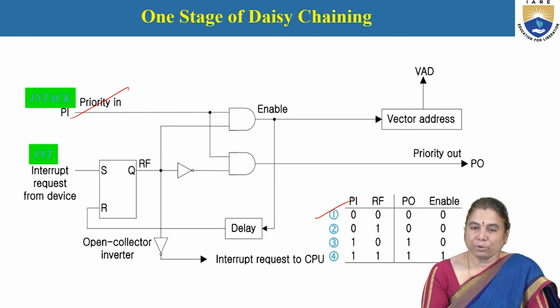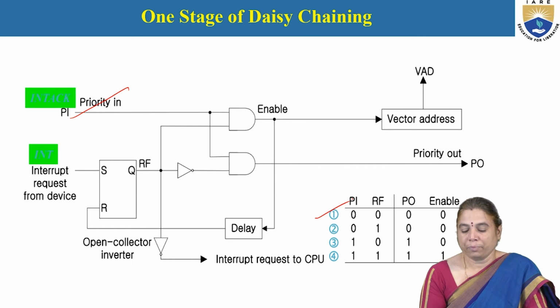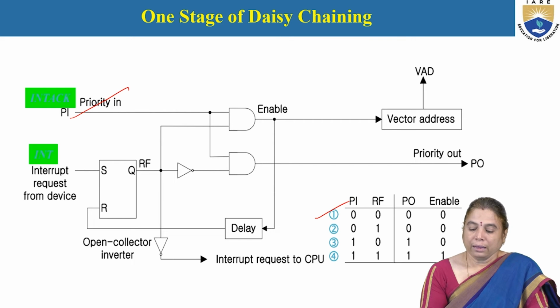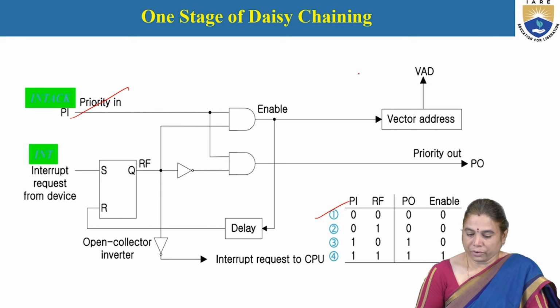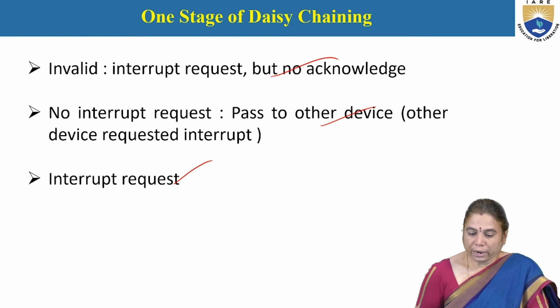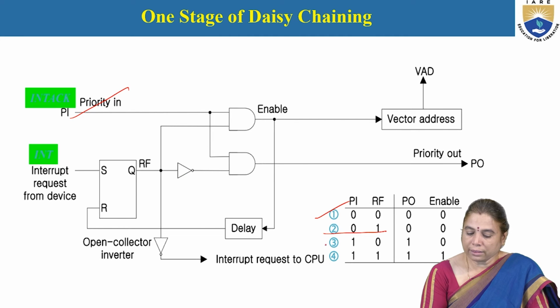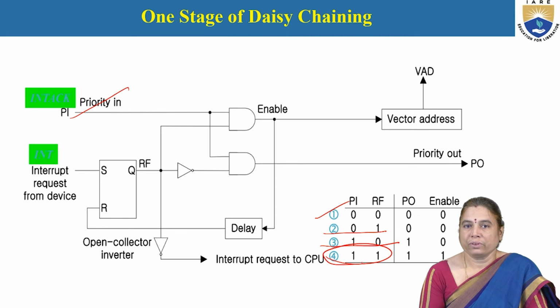In the first case, no valid interrupt takes place. In the second case, invalid, that is, the interrupt is requested but not acknowledged. So in case of 01, the interrupt is requested and there is no acknowledgement. In the third case, no interrupt request is passed to the other devices. In the fourth case only, the interrupt service routine can be serviced for that particular device.